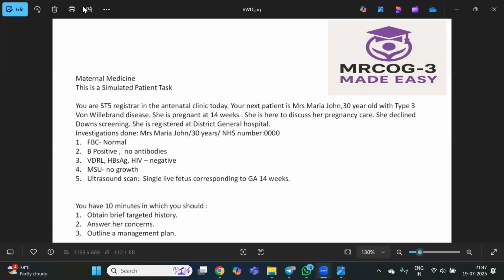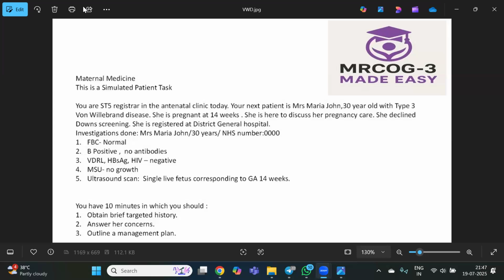Then if she says smoking or alcohol, you say it is not good for your pregnancy and your health, both the mother and the baby. So if you permit, I would refer you to the NHS Smoking Cessation program, where they will help you to quit smoking. Alcohol also, not heavy, and drugs also, de-addiction. You can refer to the particular center.